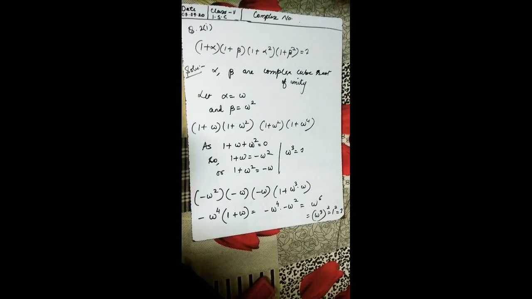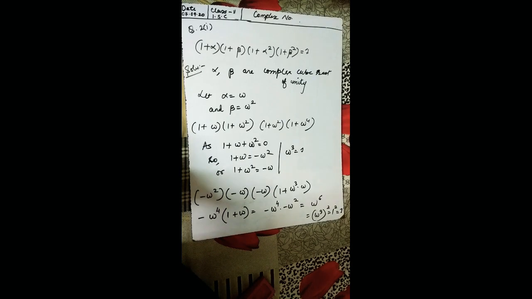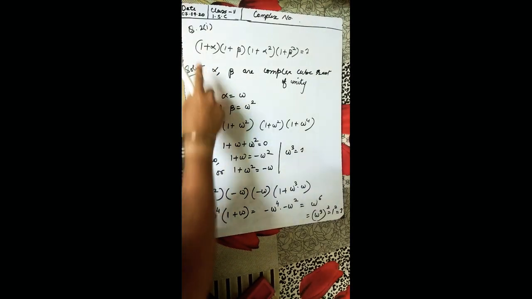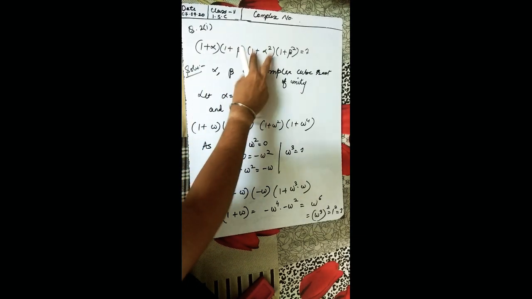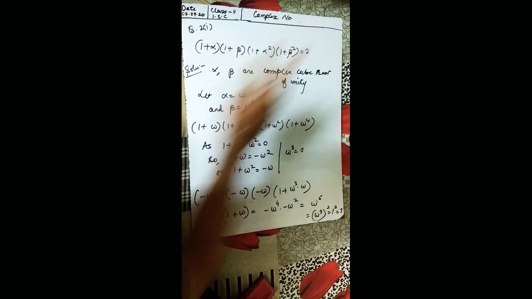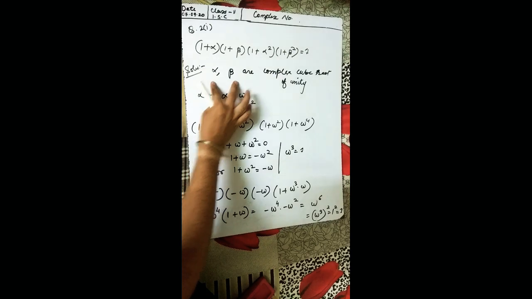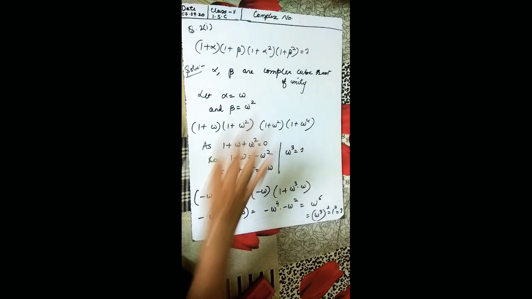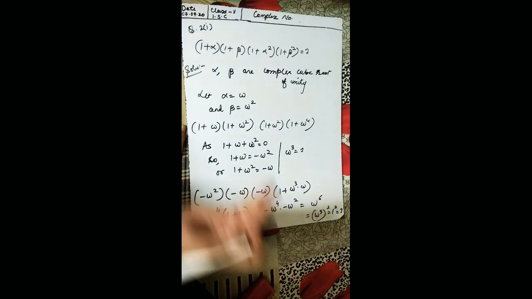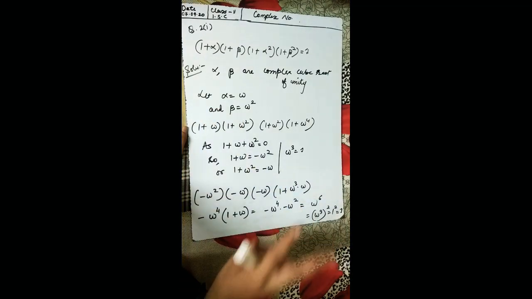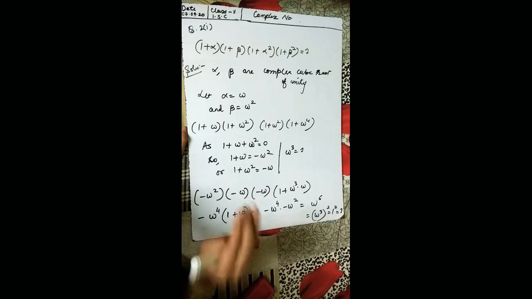Okay, let us understand the second question. You have to prove that (1 plus alpha)(1 plus beta) plus (1 plus alpha square)(1 plus beta square) is equal to 1, and you are given that alpha and beta are complex cube roots of unity. What do you mean by complex cube roots of unity? Except the 1, the other two cube roots are called the complex cube roots of unity.